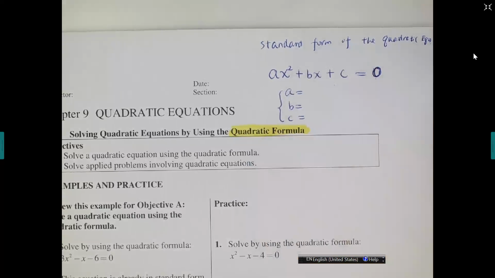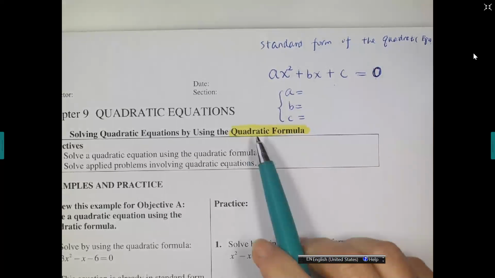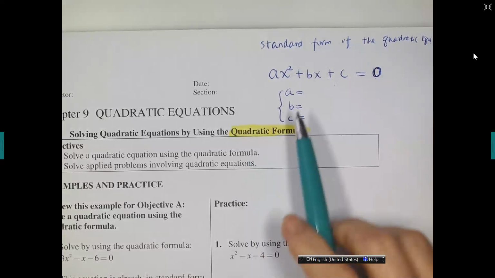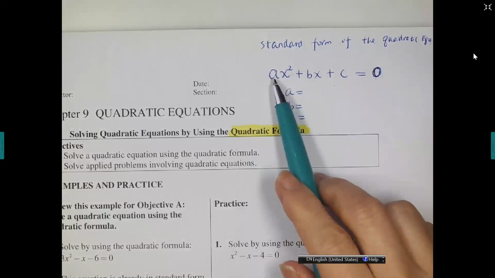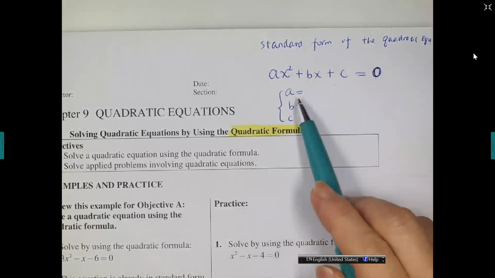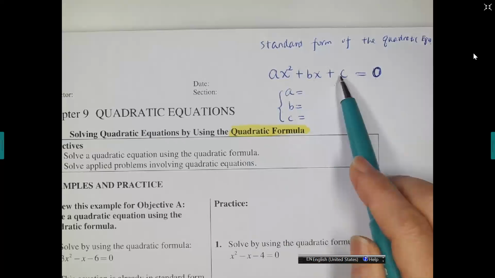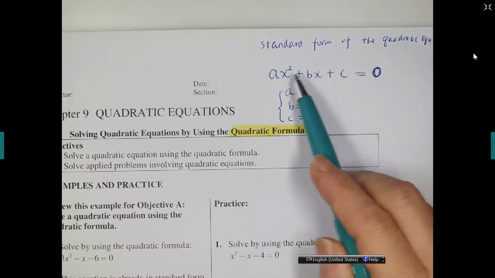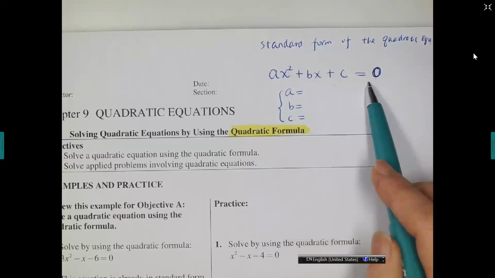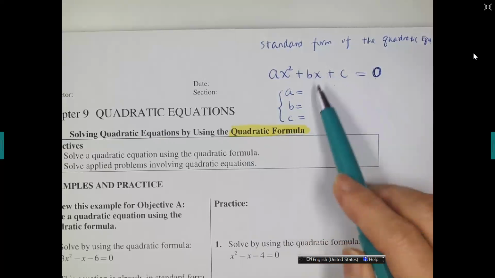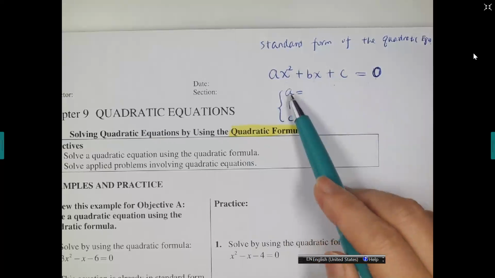A is the coefficient of the square term. B is the coefficient of the x term. C is the constant term. For any given equation, we should be able to write down the 3 constants.